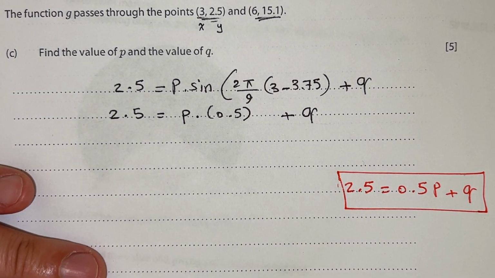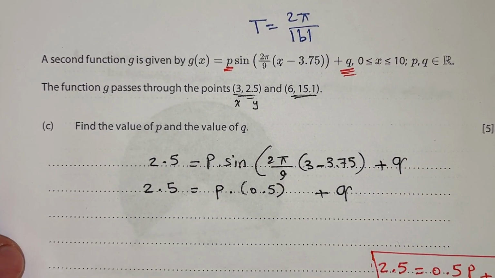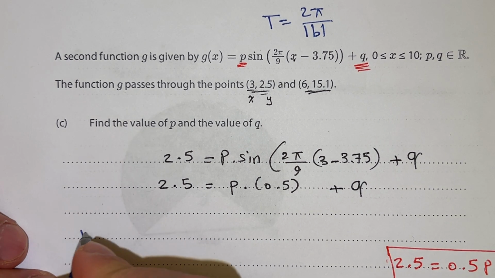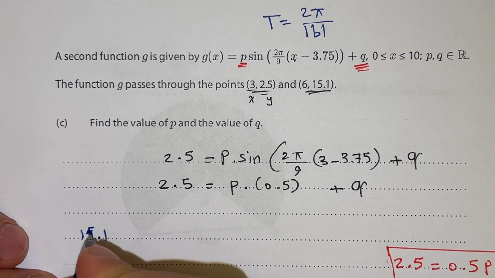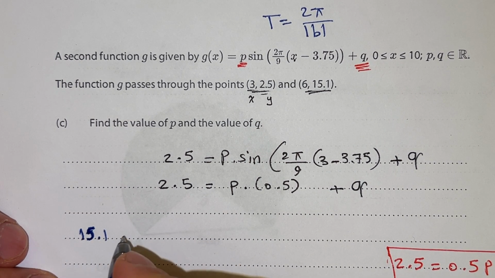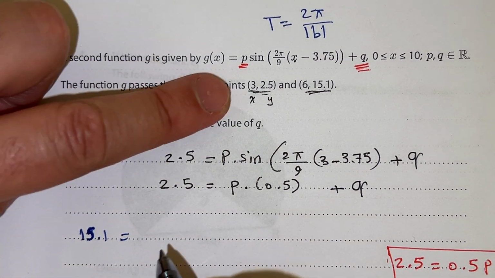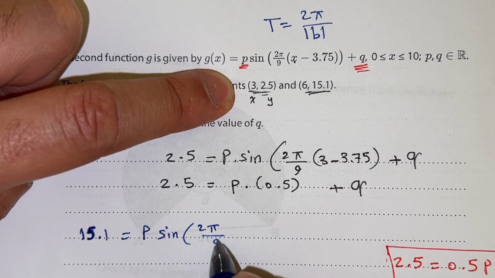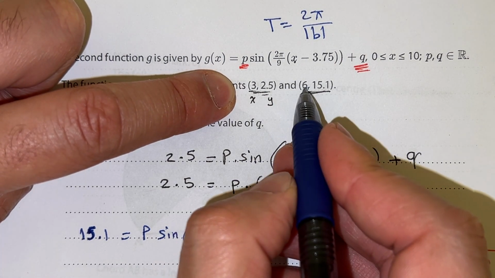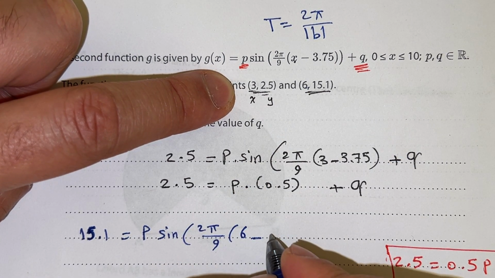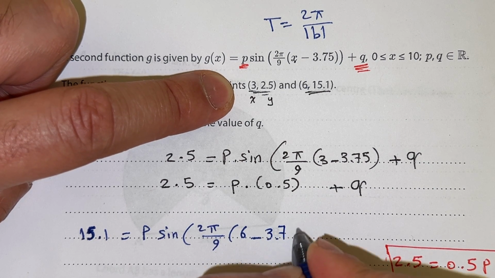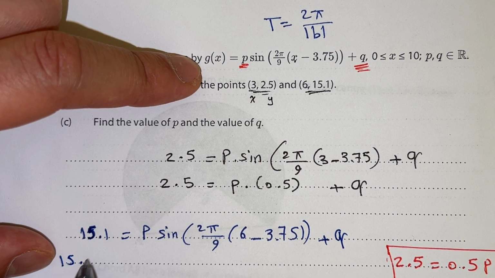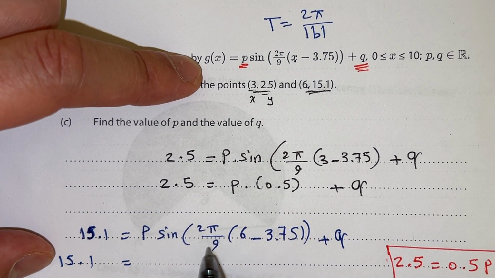I need another equation. Now let's plug in the other point, x is 6, y is 15.1. 15.1 equals p sine of 2 pi over 9 times x, which is 6, minus 3.75, plus q. Now let's find how much this is.